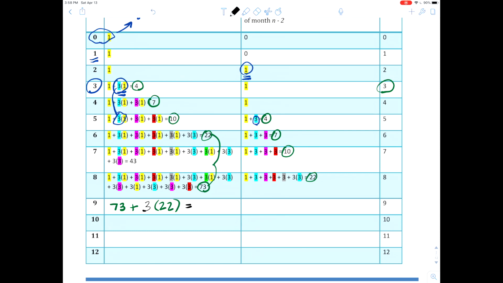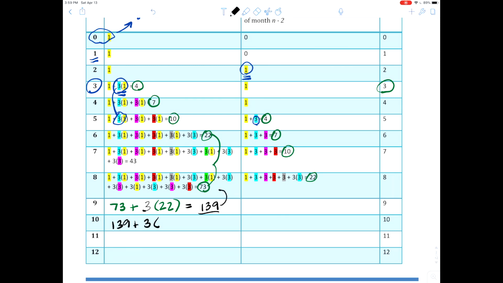And so that is going to be 139. Awesome. What about month 10? Good. You're going to have 139 plus 3 times. Good. You got to go the term before for the 139, right?